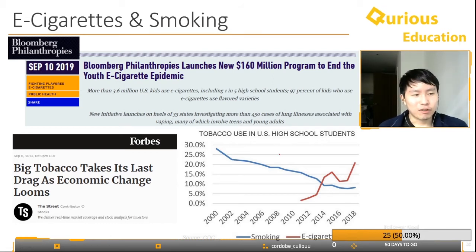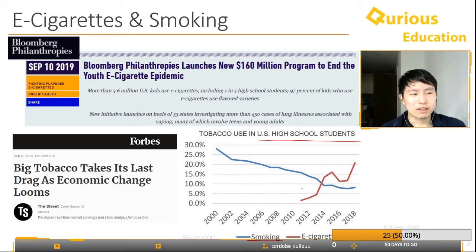But you can see that actually a lot of US high school students are starting to vape or use e-cigarettes instead of smoking. And you can see here when the usage or the percentage use of tobacco and e-cigarettes increases, the consumption of cigarettes has actually decreased throughout the same period.